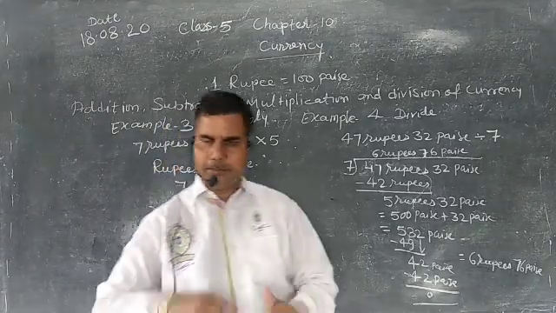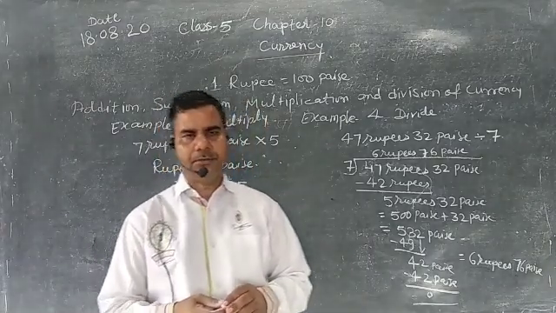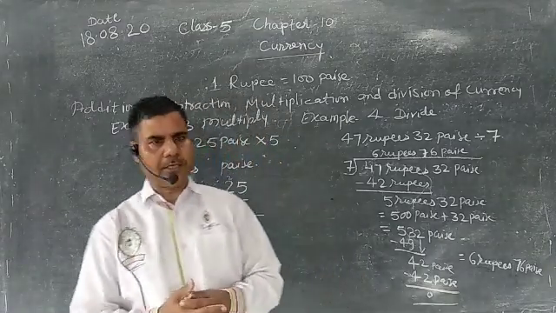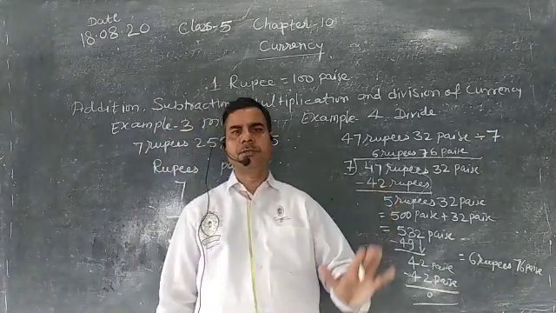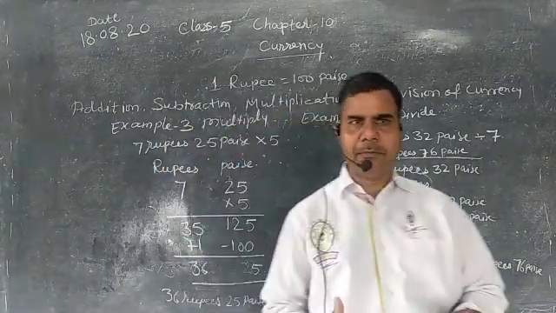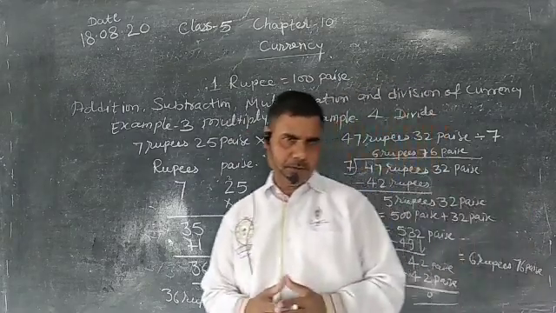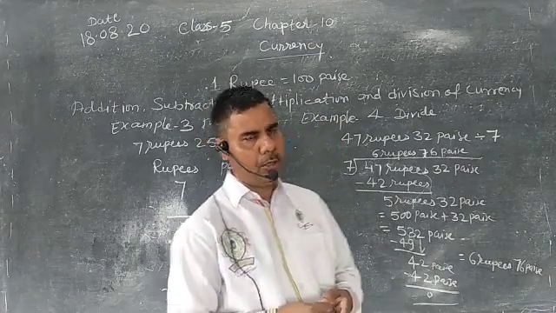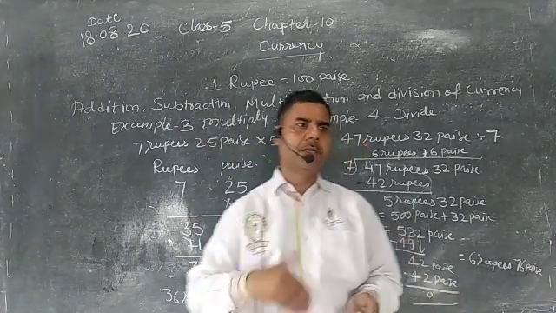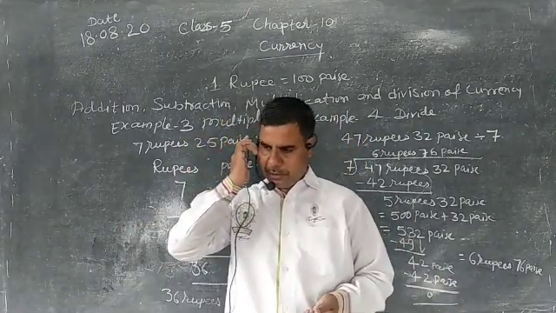Now in the next class we will learn how to make word problems in currency and make a bill. How does a shopkeeper make a bill of your items? In the next class we will learn.